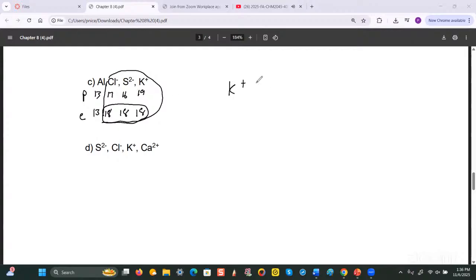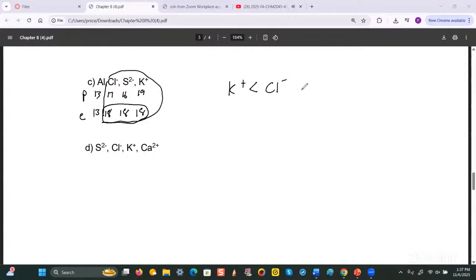What's the next in line? In terms of size, which one will be larger than potassium in line? Then would be chloride, exactly.